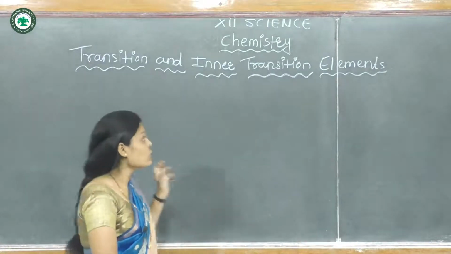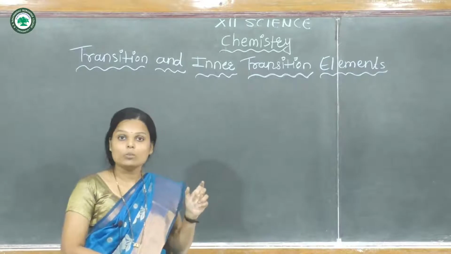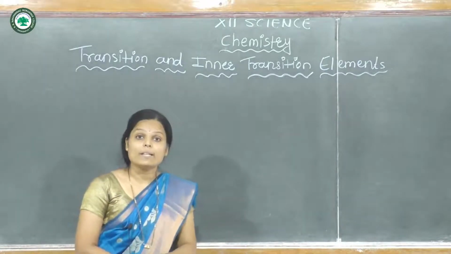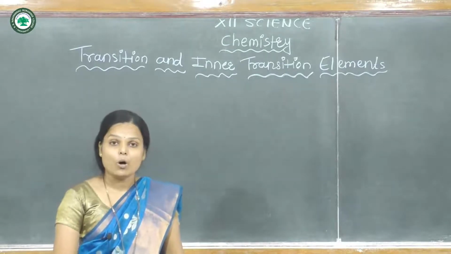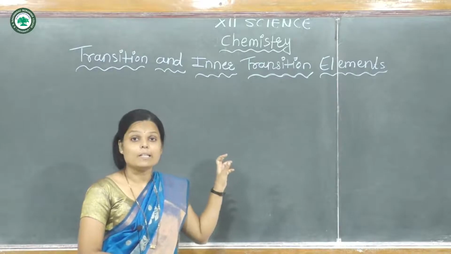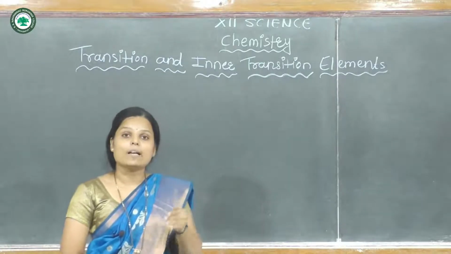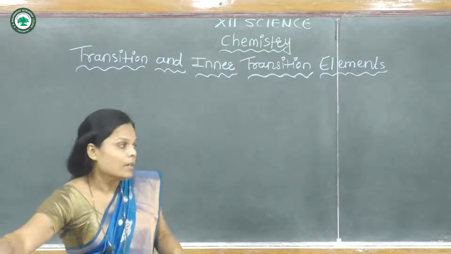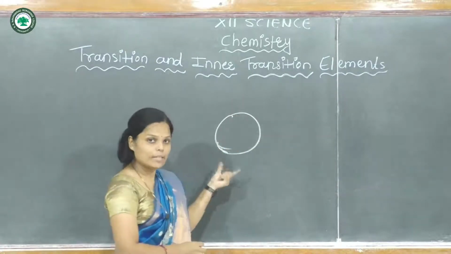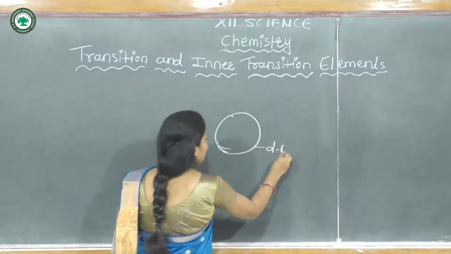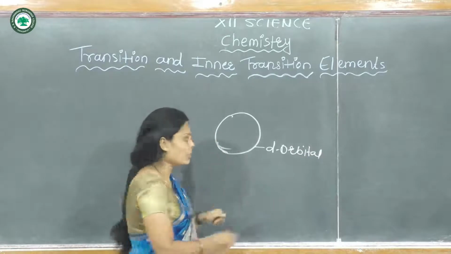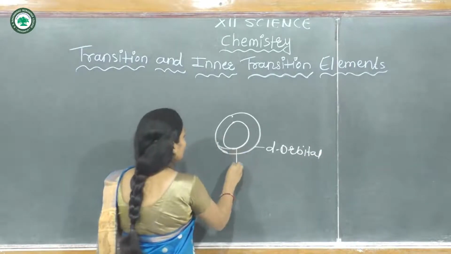Today we are going to start a new topic: inner transition elements. Why is it called inner transition elements? Because it lies inside the d orbitals. Here are the d orbitals, and inside them are the f orbitals.